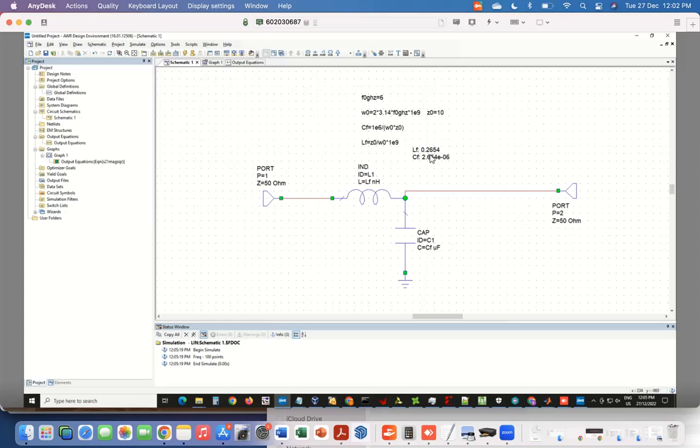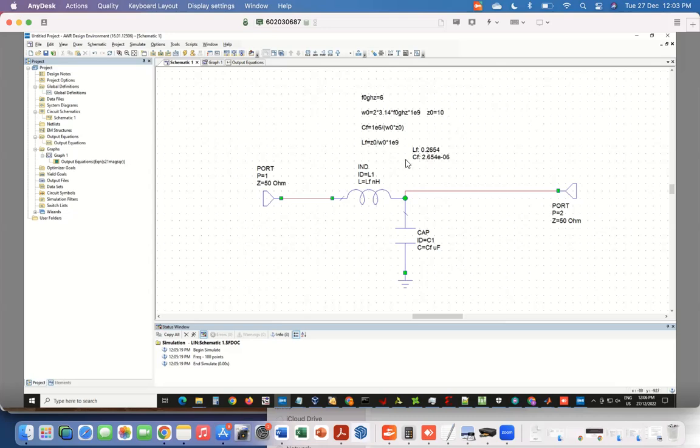Units are okay, right? So the impedance of a capacitance goes as 1 over omega C, so C will be 1 over omega into Z naught.